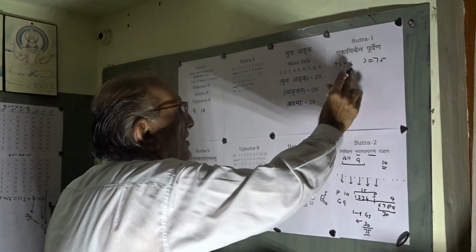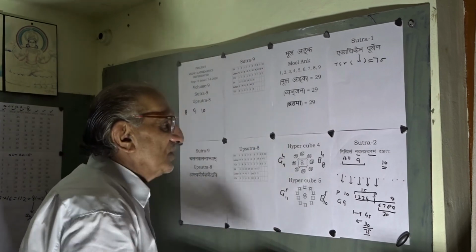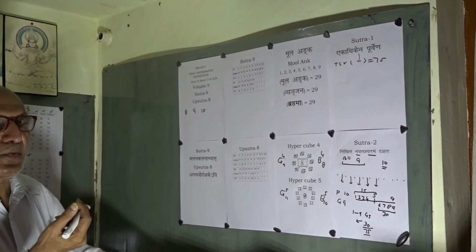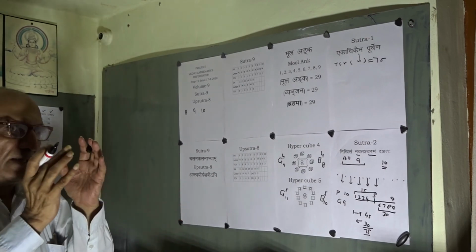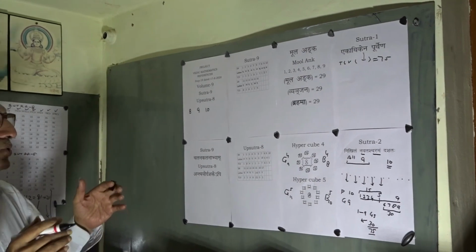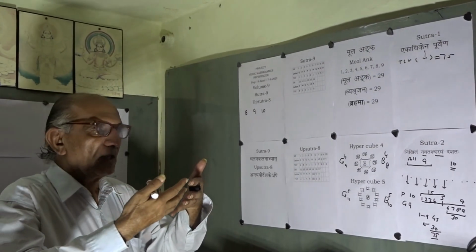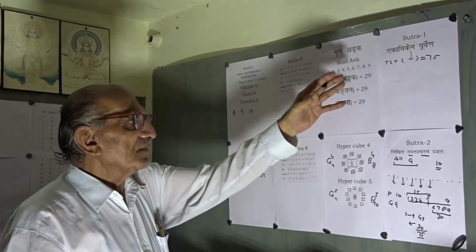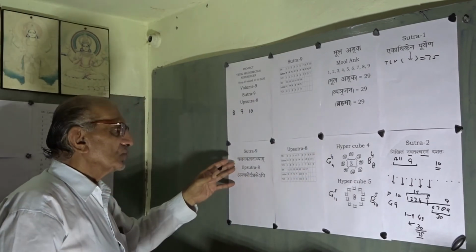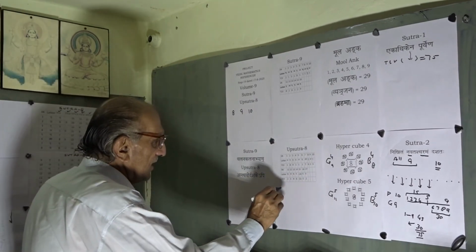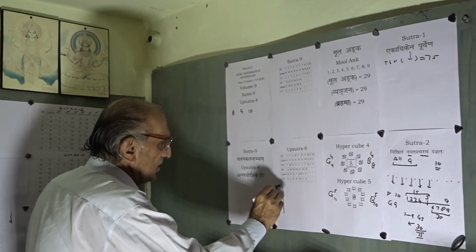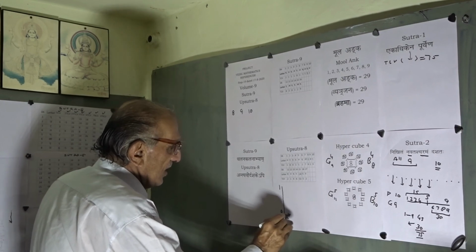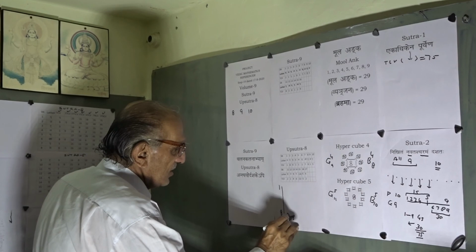One may pause here and have a fresh visit to these features to have a comprehensive view, to have a clear idea of the interrelationship, the coordination of the whole mathematical domain, starting from Sutra 1, which will take us up to Sutra 9, and in the organization of 1 to 8, which is of value 2 raised to power 3, and then its reversal is 3 raised to power 2.